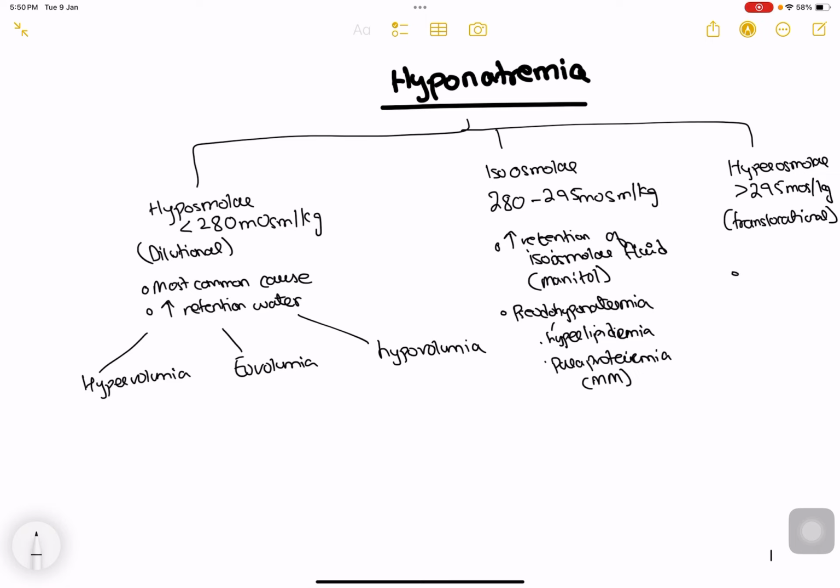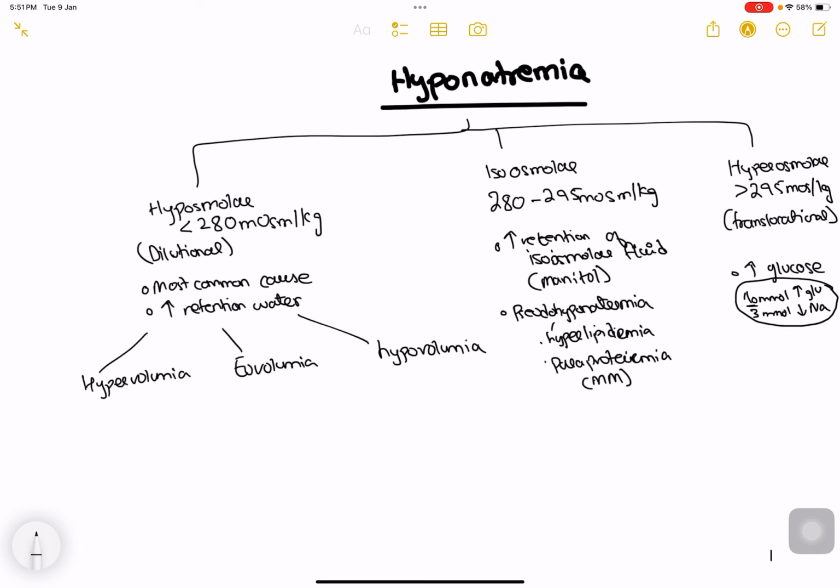So that is increased glucose that may cause hyperosmolar hyponatremia. We need to remember this as well.